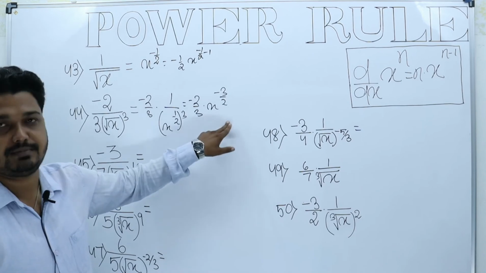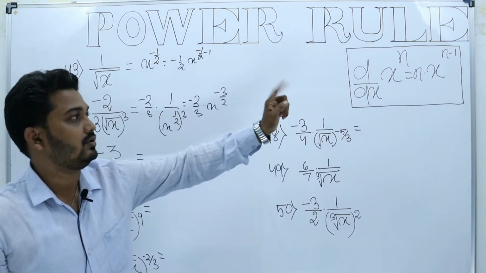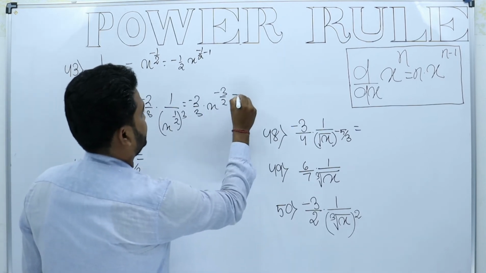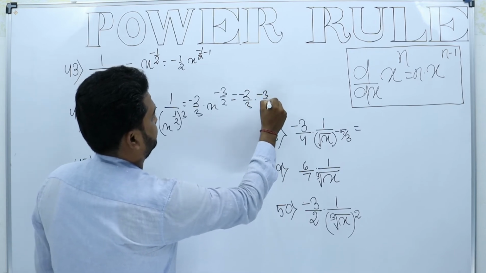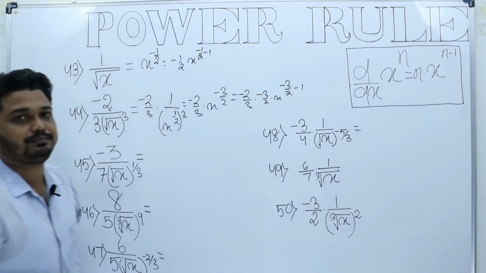Now we got the power is minus 3 by 2. We will apply the formula. In the next step we will write minus 3 by 2 x to the power minus 3 by 2 minus 1. So minus 2 by 3 remains same, minus 3 by 2 x to the power minus 3 by 2 minus 1.